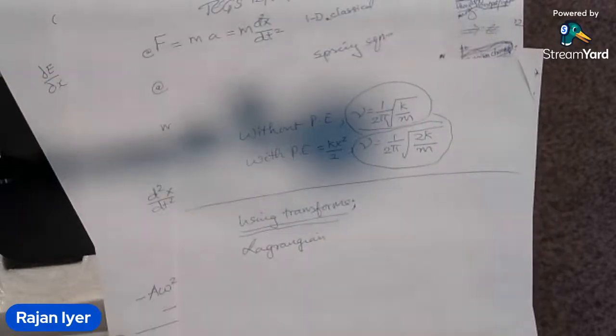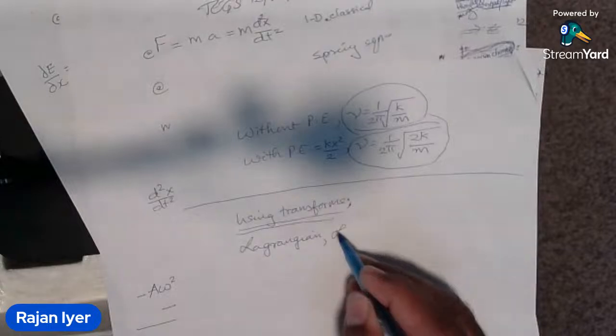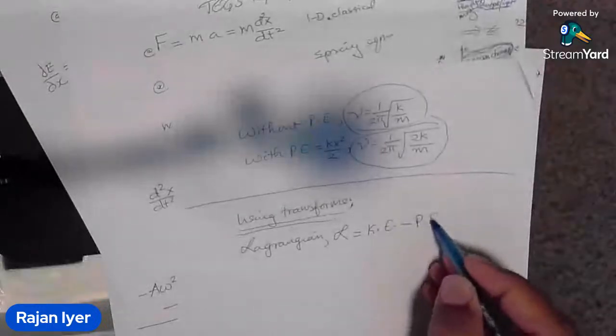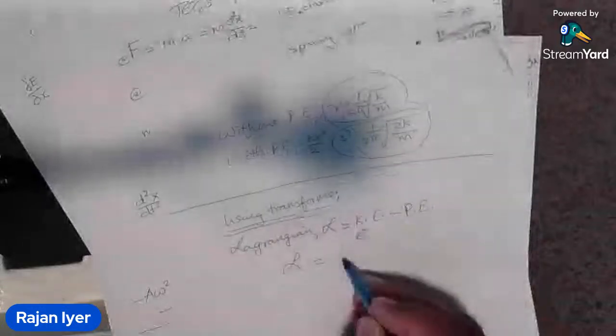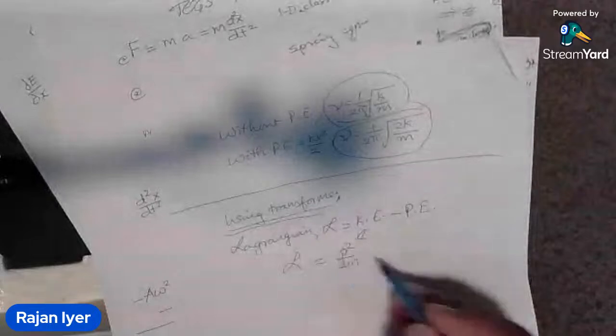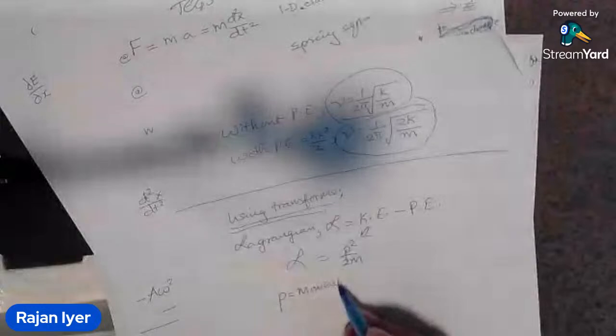So you have the Lagrangian. L is defined as the kinetic energy minus the potential energy, the difference between kinetic energy and the potential energy. And we know the kinetic energy is nothing other than p square over 2m, where p is the momentum, m times v.